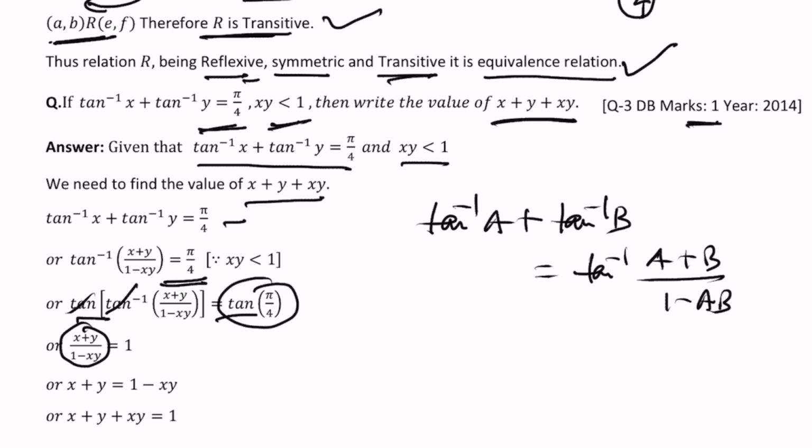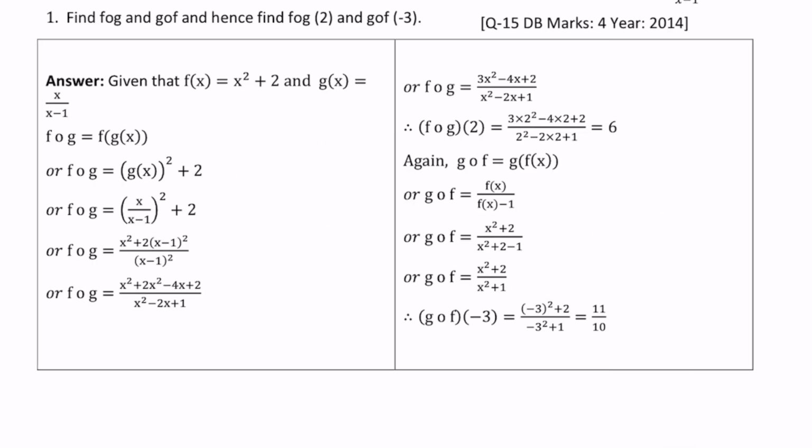Tan 45 is 1, so this becomes x plus y is equal to 1 minus xy. Cross multiplication, so x plus y, this minus xy comes here, so this becomes x plus y plus xy equal to 1. So this is the value we had to find, x plus y plus xy is equal to 1, correct? This is a 1 mark question, quite an easy question.